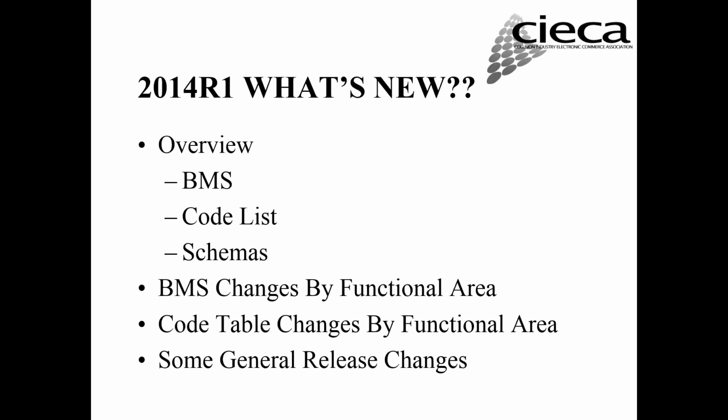We'll get into the exact specifics of what's in those later. We're going to be talking today about the changes to the BMS document by functional area. We'll be talking similarly by functional area about the code table changes and some general release changes that make our documents much more usable. Next.